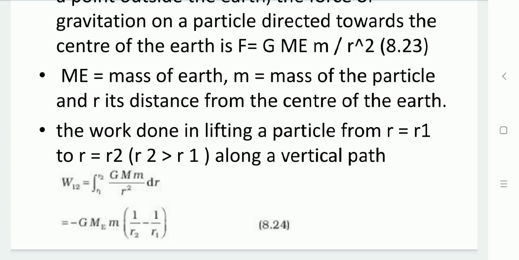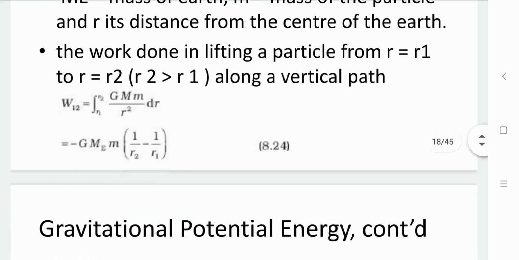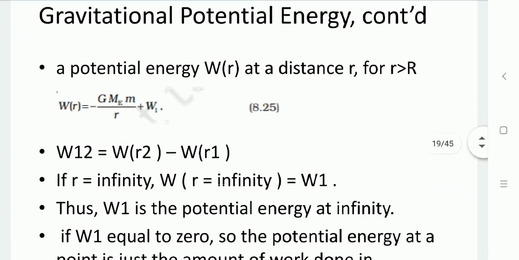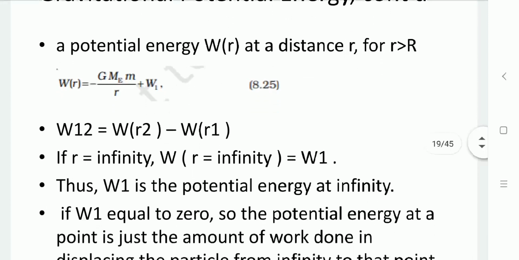By integrating and putting the limits, we get minus G ME m (1 upon R2 minus 1 upon R1). The potential energy at a distance R is minus G ME m divided by R plus W1. So this work done between the two points is W(R2) minus W(R1).